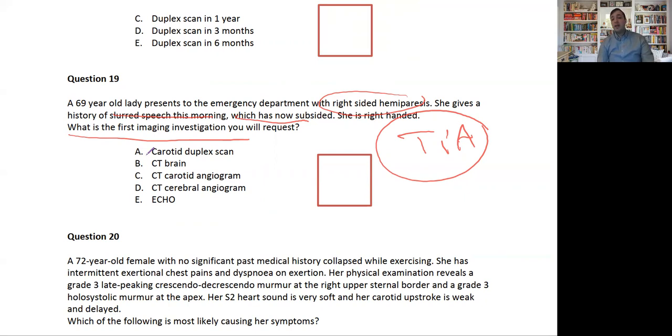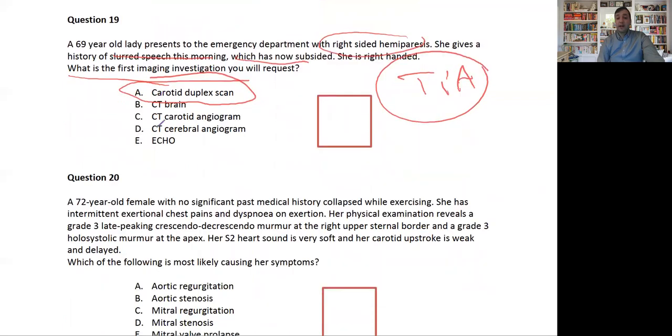I think the most appropriate first imaging to start with, as an initial imaging investigation, is the carotid duplex scan.